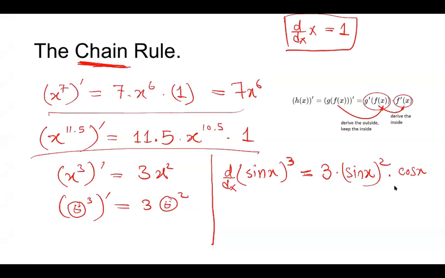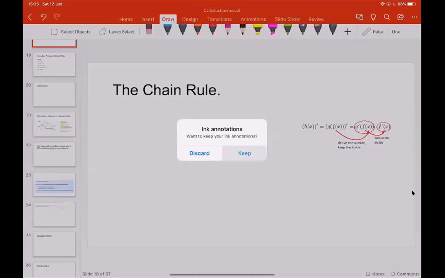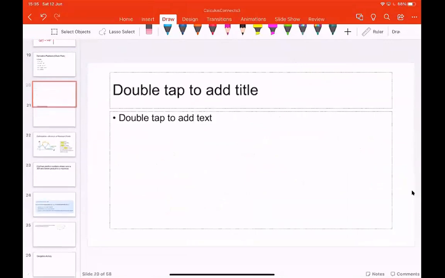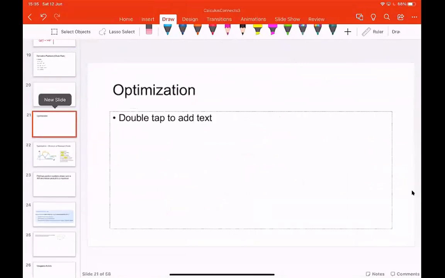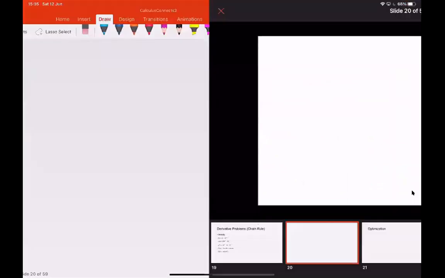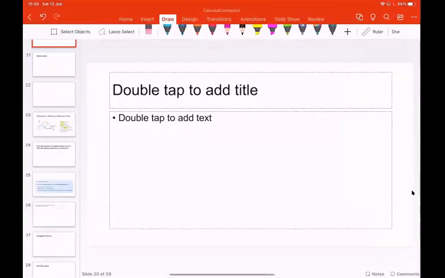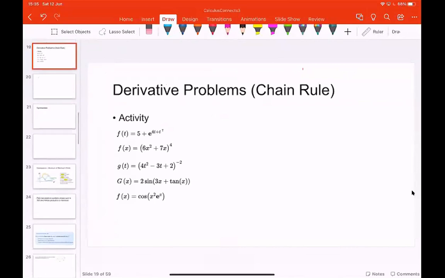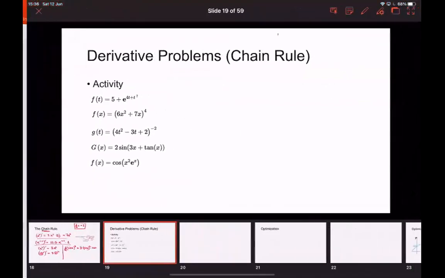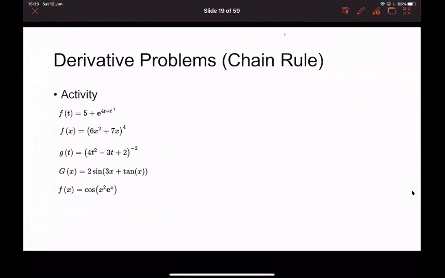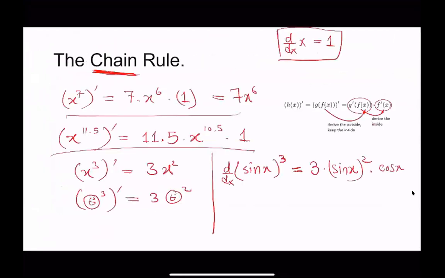I think it's time for us to have one more example. I have to add more slides here. Okay, what is this?